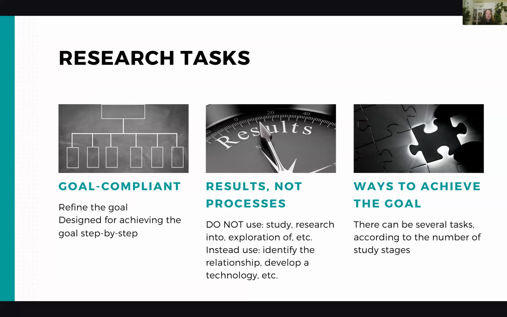The fourth would be to test your new suggestions in a lab setting, and the next one would be to test your new technology in a real life setting. So all these tasks would lead to achieving your goal, which you wouldn't be able to do in one step. So that's why we split our purpose into several tasks.